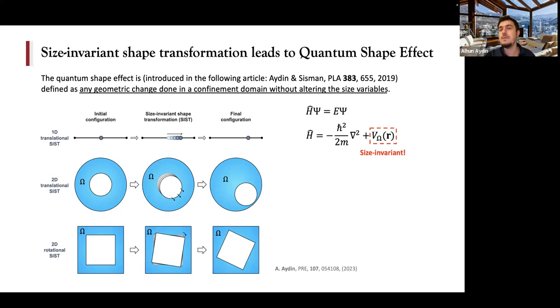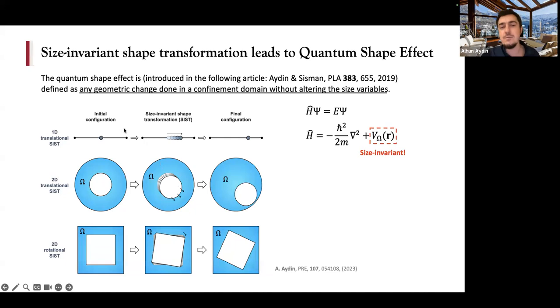Okay, so you can consider this in any finite size system. Let's say you have some Hamiltonian. It doesn't have to be this simple. You can also have interactions here and so on. But let's consider the free kinetic part plus the potential part. Inside the blue region of the domain, we have zero potential for simplicity.